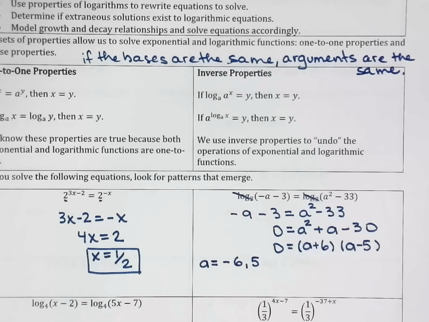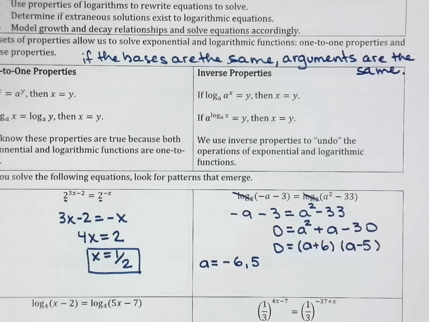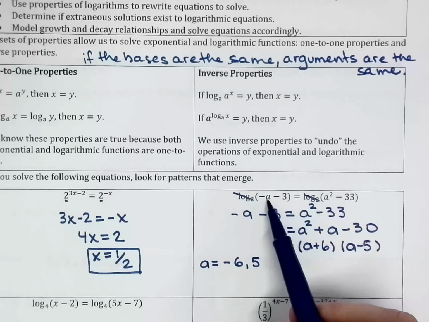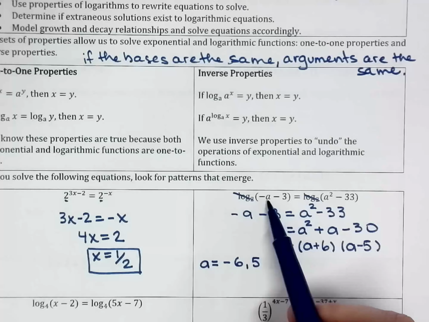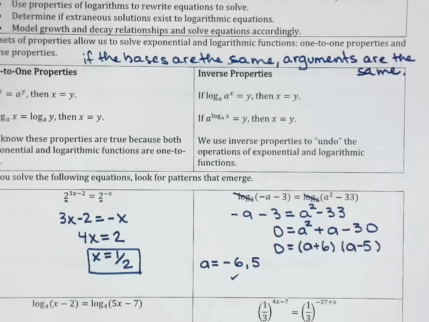Now we need to check for extraneous solutions. What does that mean? Well, I know I cannot take the log of a negative number or 0. So here, if I plug in negative 6 for a, negative makes positive 6 plus minus 3, that's positive 3. So negative 6 works.